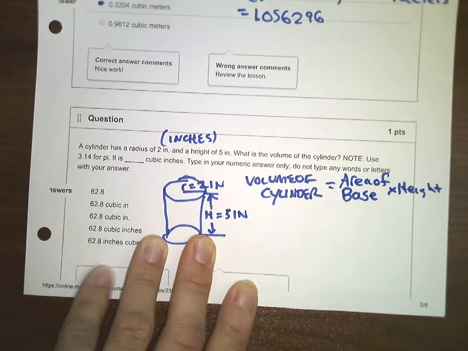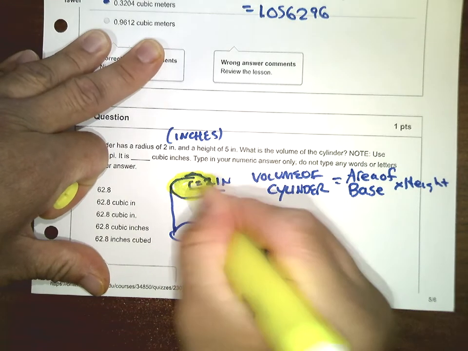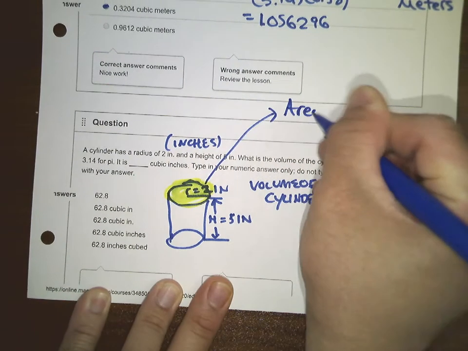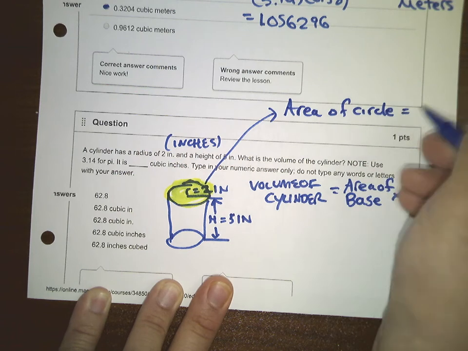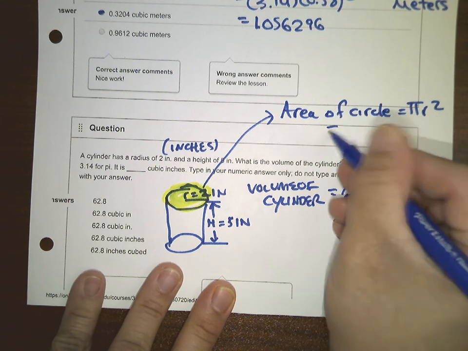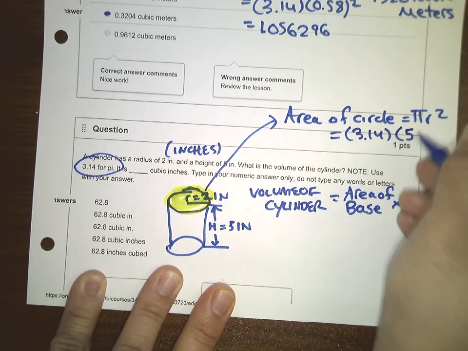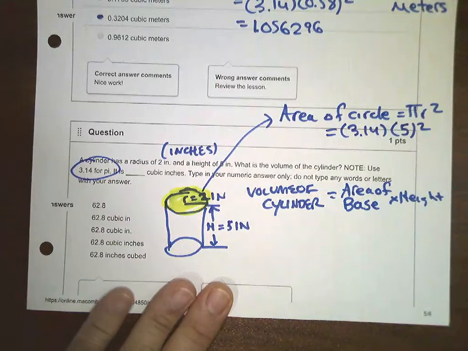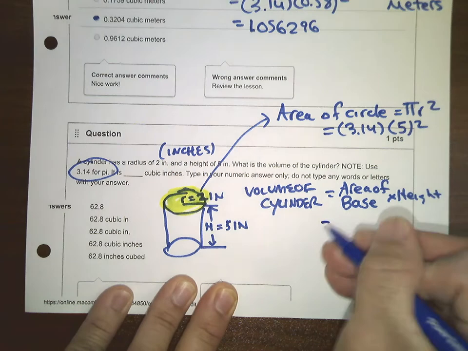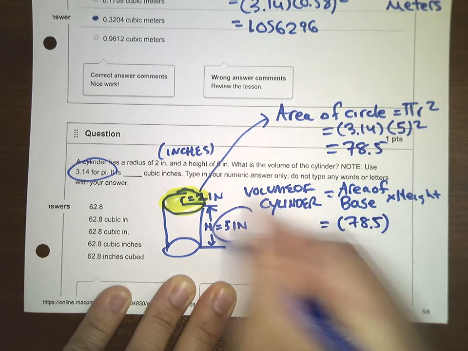I know that the base is a circle here, and the area of a circle is pi r squared, where r is radius. Since pi is 3.14 for us, 3.14 times 5 squared gives us 78.5, and then times the height, which is 5.